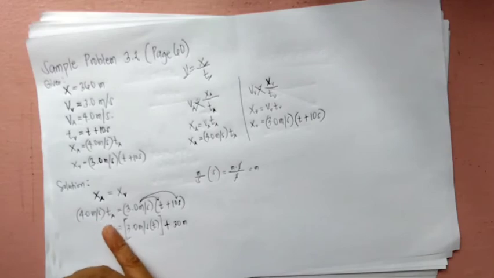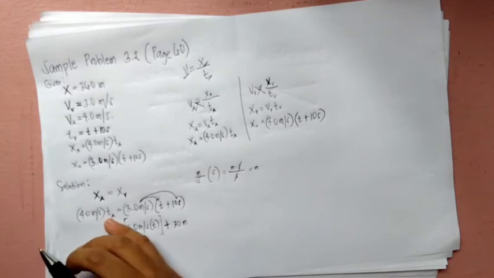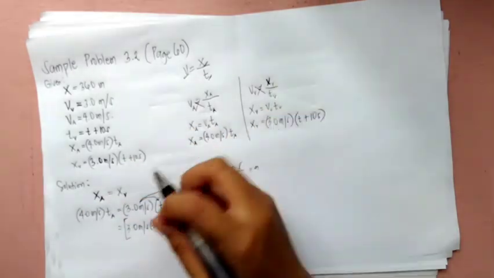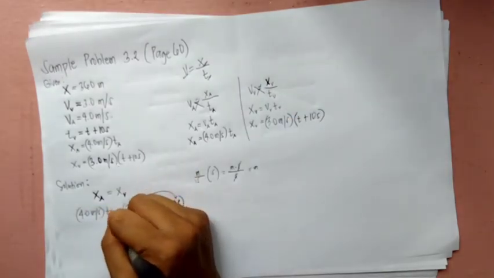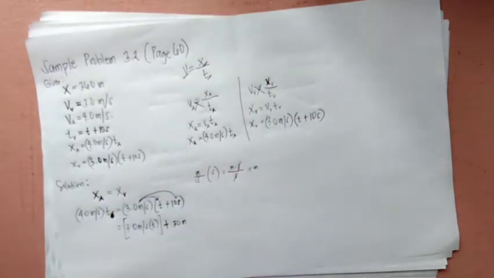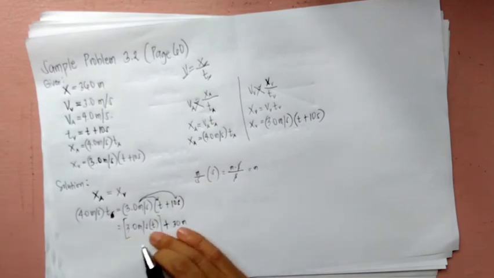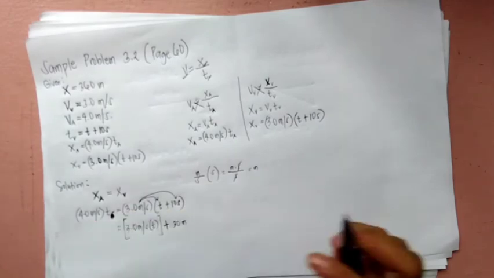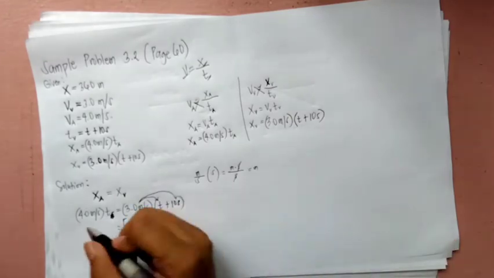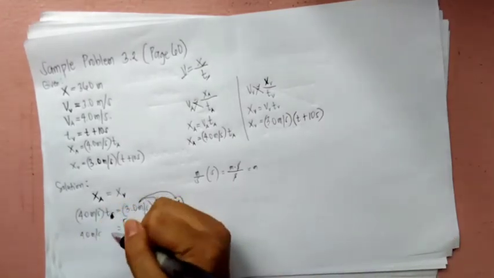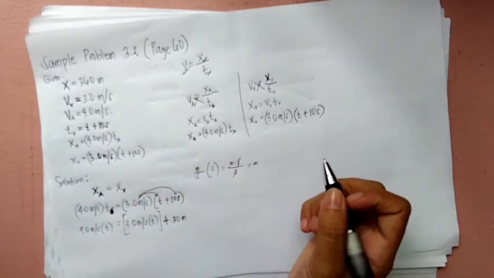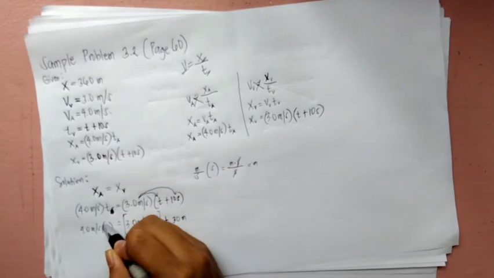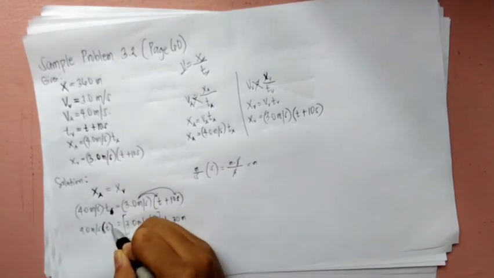Since we have here 4 meters per second t, actually you can disregard this subscript A since it stands for t, so that the equation is not confusing. We can now combine the like terms from this side, which is 3 meters per second t and 4 meters per second t. I will just change the parenthesis so you won't be confused.